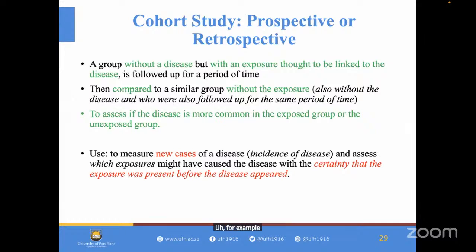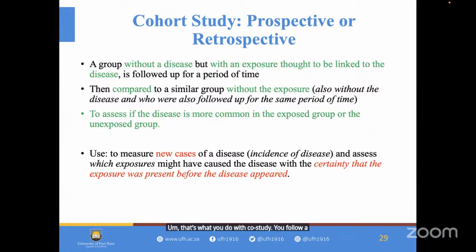For example, you follow up a teenage girl from the age of 13 up until the age of 19 to see how many of them will experience teenage pregnancy. That is, at the age of 13, none of them were pregnant. Then you follow them up every year, you give them a questionnaire or you monitor them until they were 19. And at the end, you determine maybe 20% of them were already pregnant. That's what you do with a cohort study.